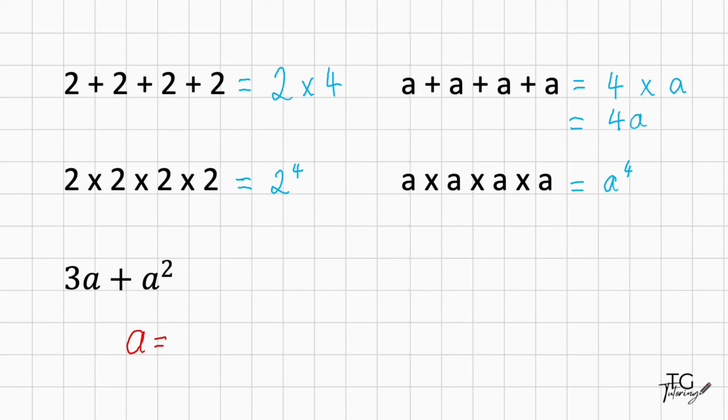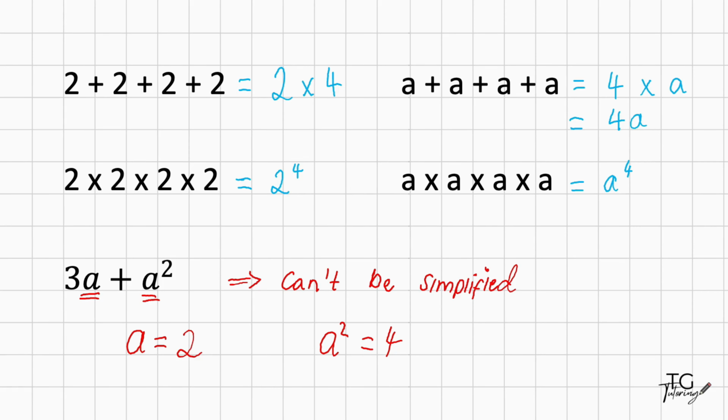Let's say again, a is 2. a squared is not 2. a squared would be 4. So that means that these 2 are not the same thing. a and a squared are not the same thing. Which means we can't group them together and just say we have 4 lots of a, because we don't have 4 lots of a. We have 3 lots of a and we have a squared. So from this we can conclude that this one cannot be simplified.